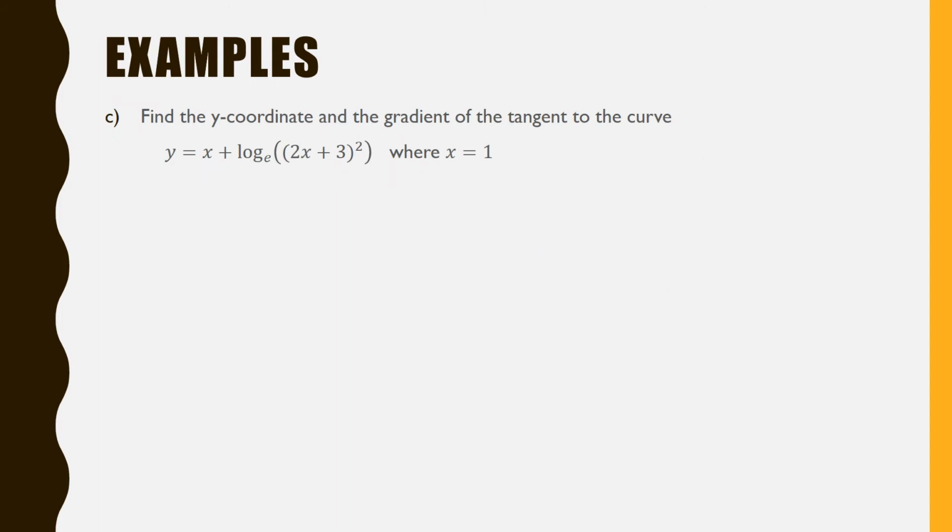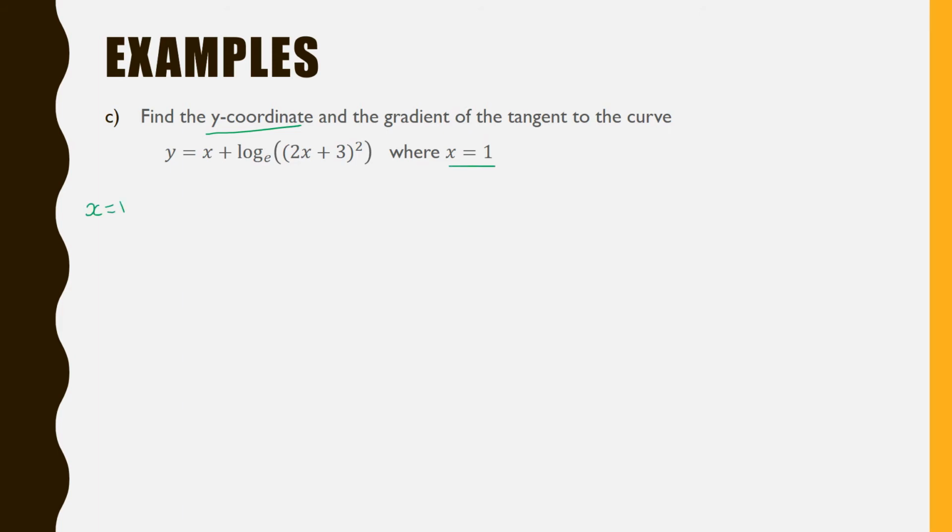If we are looking at a more specific example, like this one here, when we're trying to find the y-coordinate and the gradient of the tangent to the curve. So if I'm wanting to find the y-coordinate first, where x equals 1, I can just substitute that in.